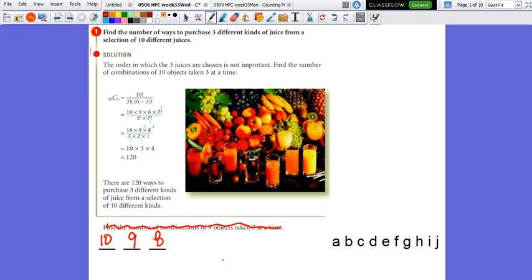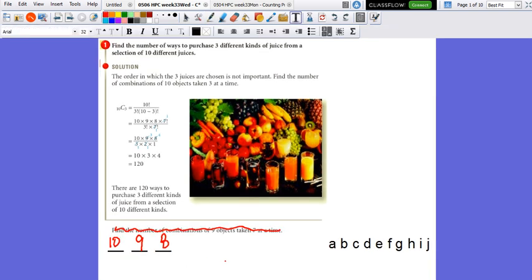Now because order doesn't matter, you're going to have fewer arrangements.